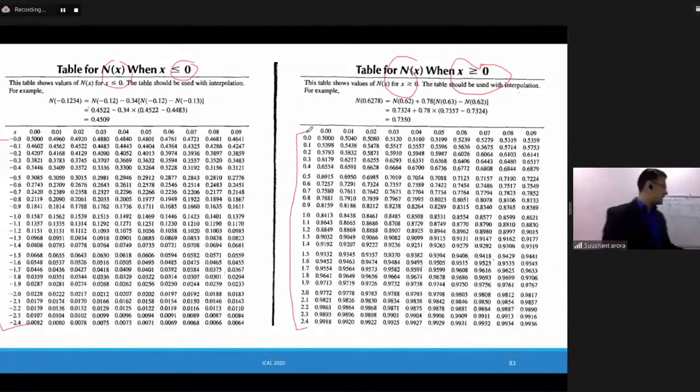So what is our value, positive or negative? What our dear students have just stated, 0.7889 and 1.106, so we have to take the right hand side table. Okay, clear?